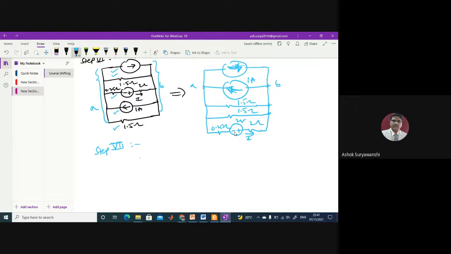So this 1.5 and 1.5 is 0.75 ohms, because they are in parallel, and across that we are getting this branch having a resistance of 0.25 ohms, a source of 2 volt, and a resistance of 2 ohm, and then we have to find out the current I.